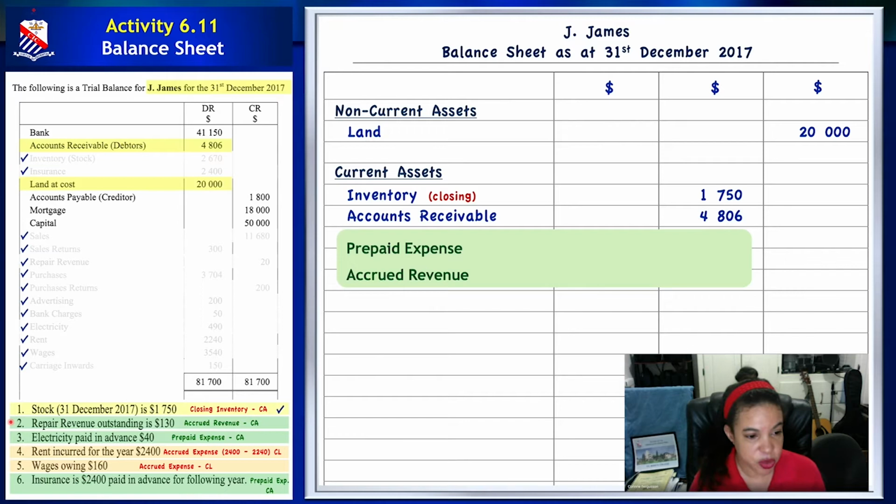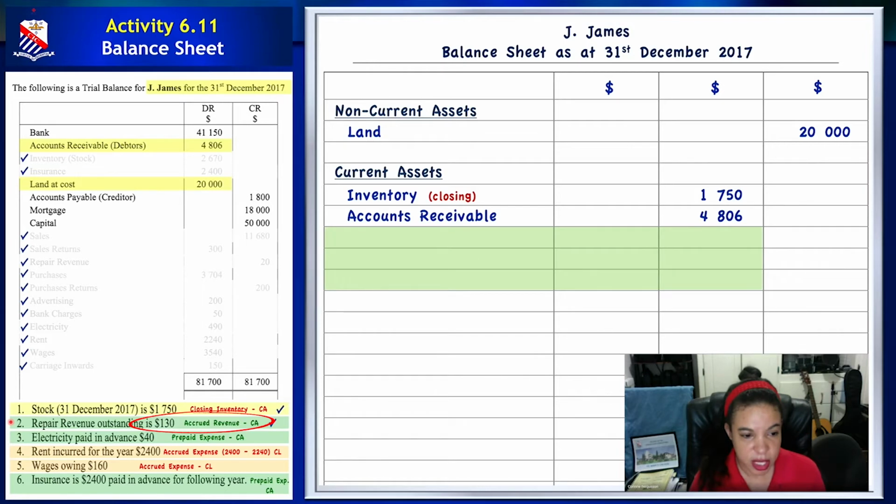The first one is the repair revenue, so the accrued revenue. Let's deal with the accrued revenue first. But notice you're not just going to put revenue, you have to put the specific revenue. In this case, it's repair revenue. So you're going to put accrued repair revenue.